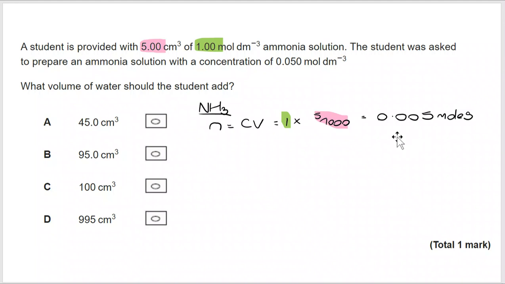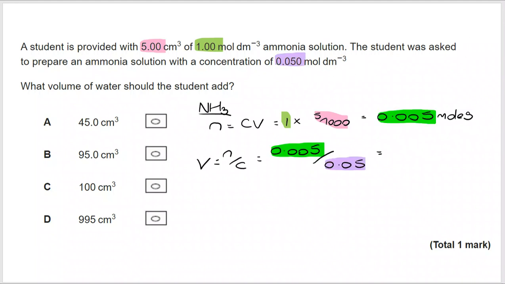Now, I know how many moles there are, and I know what concentration I want to have. So if I've got moles and concentration, I can work out what volume of solution I would need. 0.005 divided by 0.05. And that takes me to 0.1 decimeter cubed. 0.1 decimeter cubed converted into centimeter cubed is 100 cm cubed.